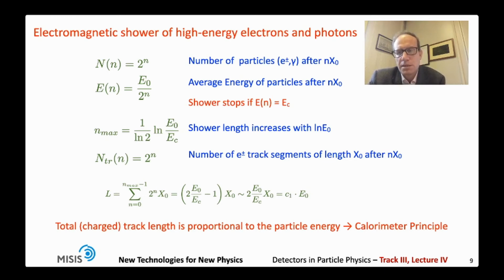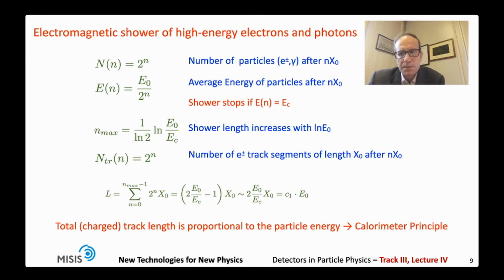The track length can also be estimated from the number of hits and the charge that is released in your detector, the charge which is collected after the interaction of these particles when they cross your detector.